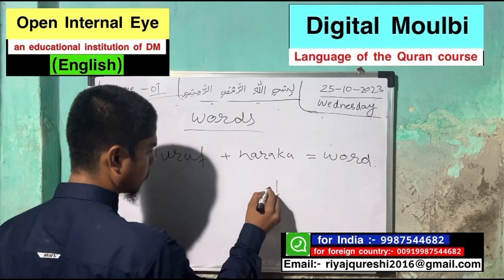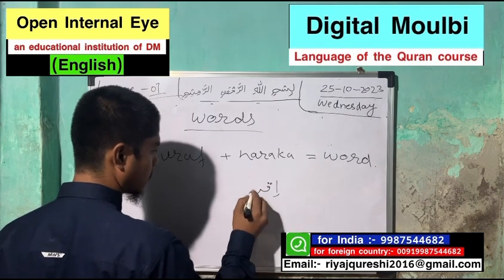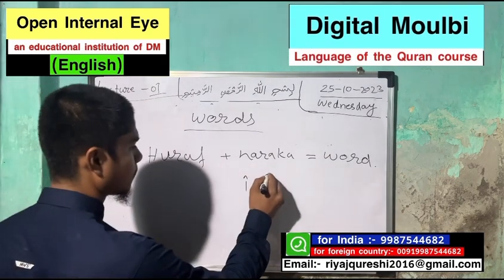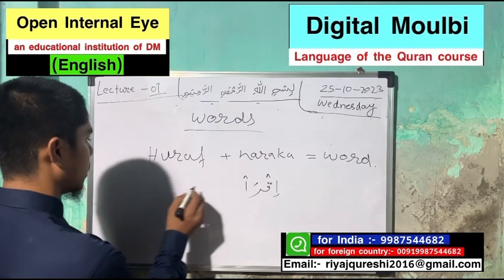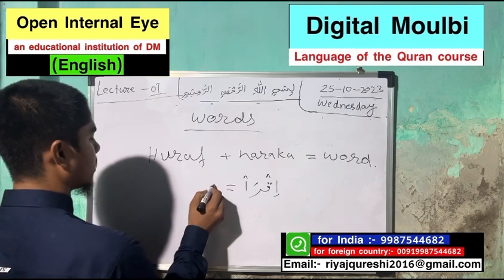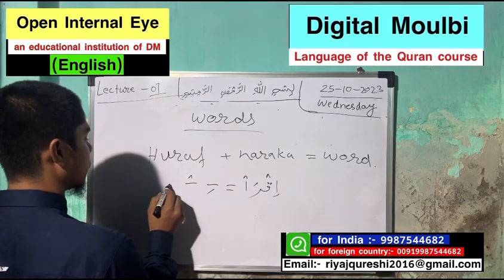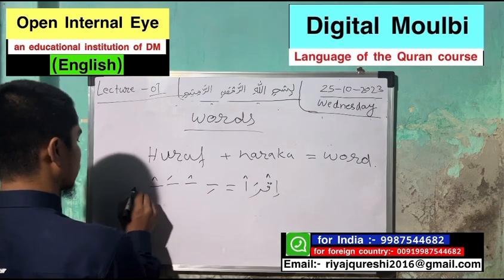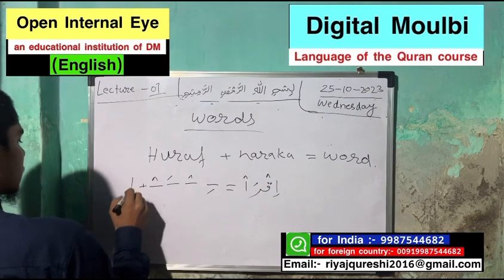Iqra. You see Iqra, these are harakat. In Iqra you see Zer harakat, Sakun harakat, and Zabar harakat, and Sakun harakat, and plus you see alif.